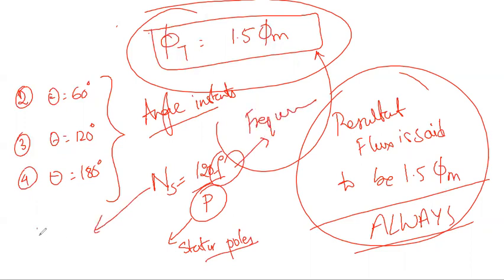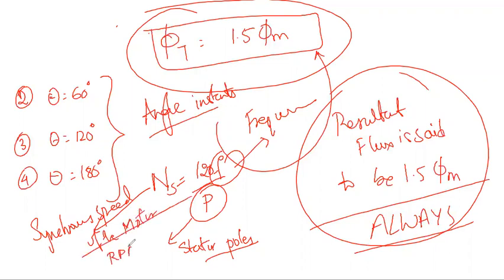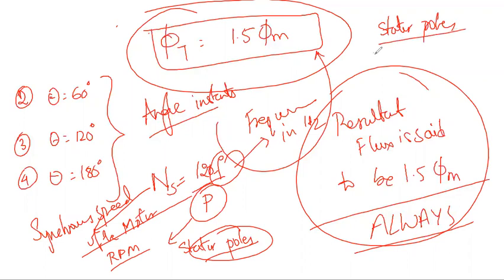So Ns is the synchronous speed of the motor, expressed in terms of RPM, and frequency is expressed in hertz. Stator poles, or poles, are always even in number. Stator poles are always an even number.